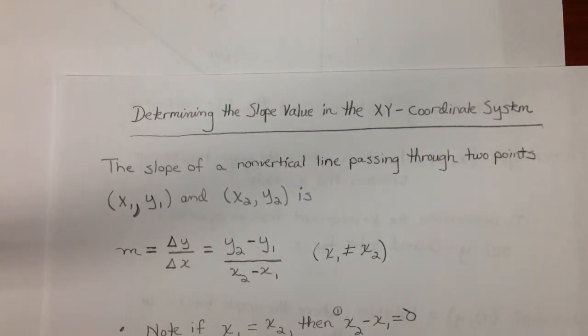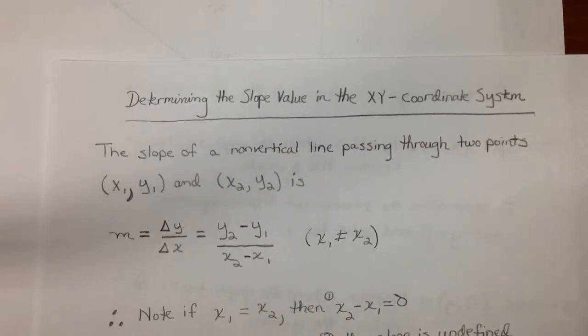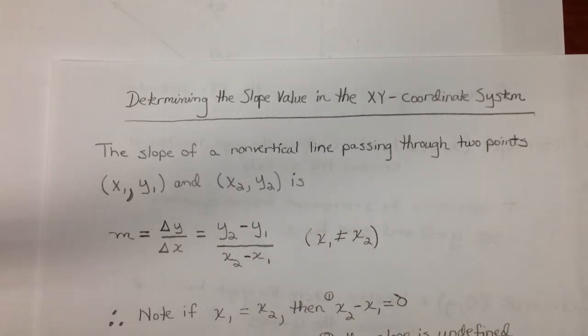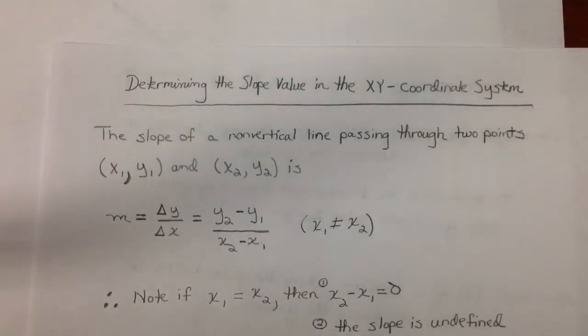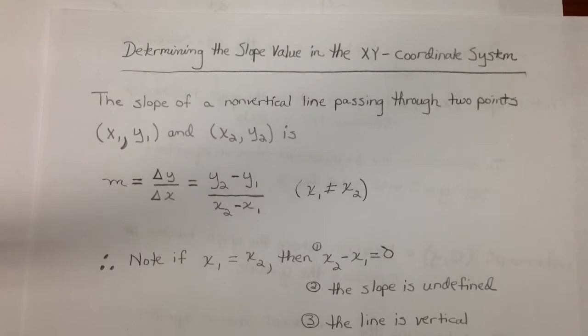Now, if x1 and x2 were the same, then x2 minus x1, the denominator of the fraction, would equal 0, and any fraction that has 0 on the bottom is undefined. That is the fate of this particular slope. The type of line that has an undefined slope is a vertical line.